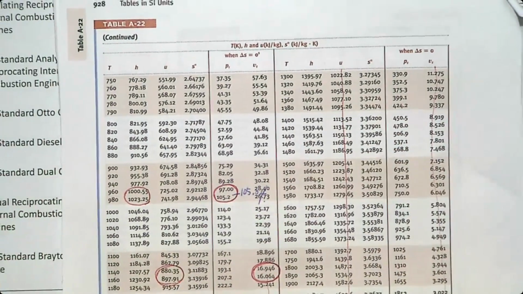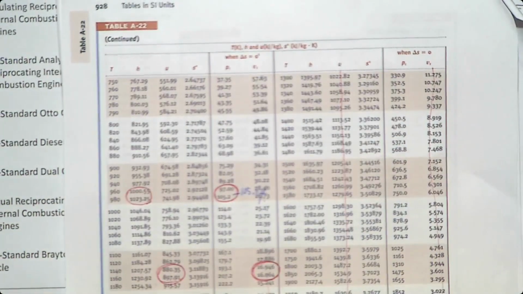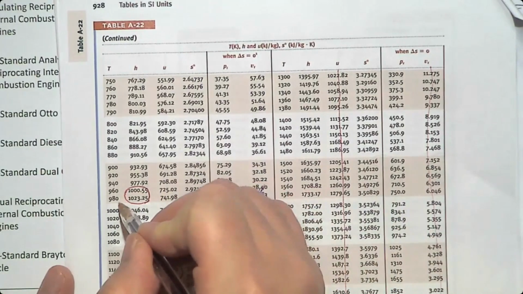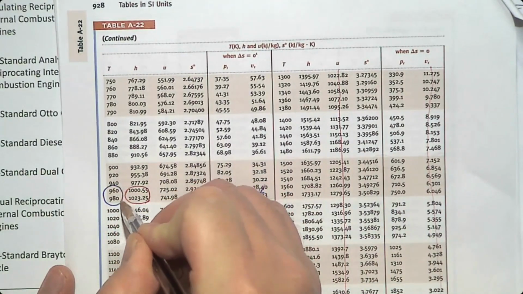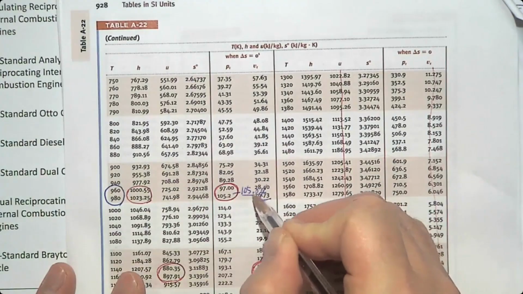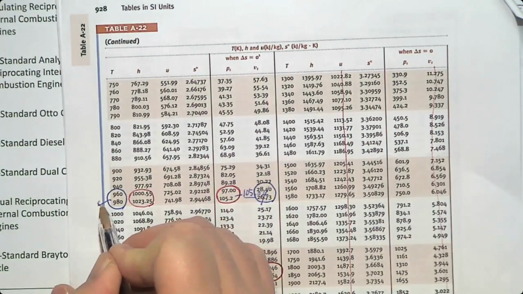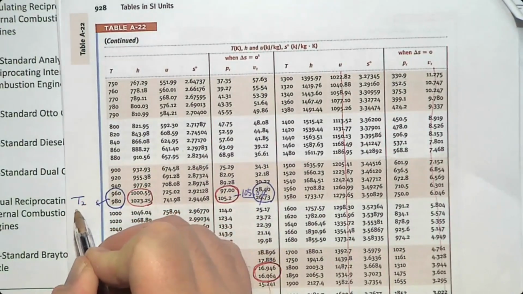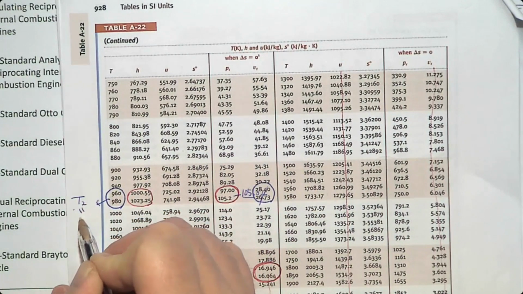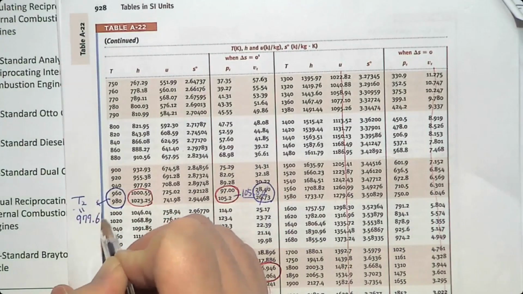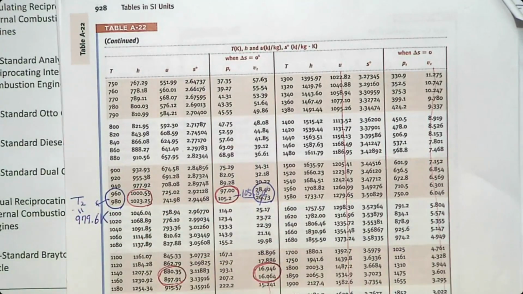So if you want to determine the temperature and VR, you can do a linear interpolation between these two numbers for this one and these two numbers. So from here, you can find the temperature T2. If you do a linear interpolation, T2 is going to be 979.6 Kelvin.